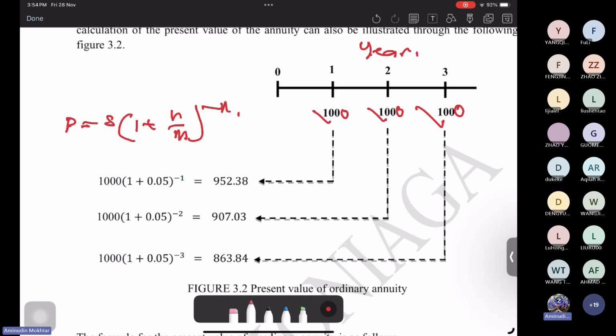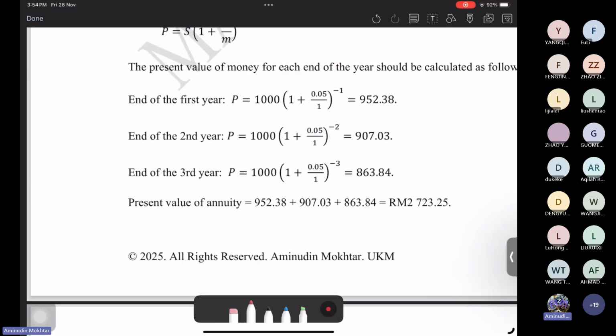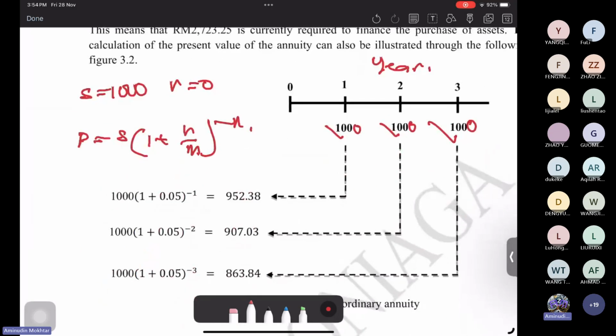So for the first 1,000, S is 1,000, r is 0.05 compounded yearly, so m equals 1, for 3 years. That's why the graph shows first year, second year, and third year.